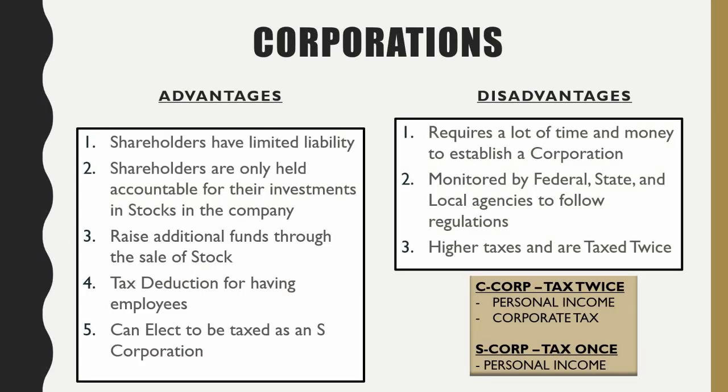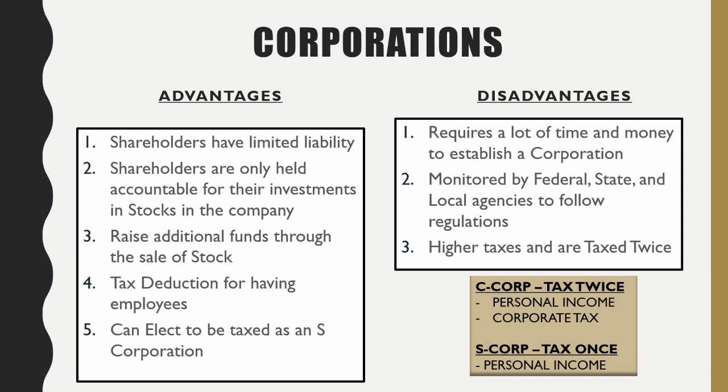So, advantages and disadvantages of a corporation. Number 1, shareholders have limited liability. When we took a look at a sole proprietor versus a partnership, their liabilities are 100% their responsibility. That means all their personal assets, everything that they put into the company, is at risk.